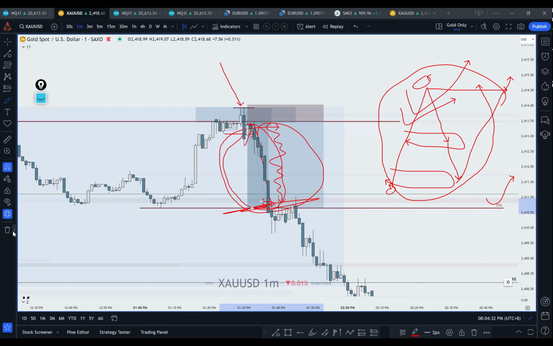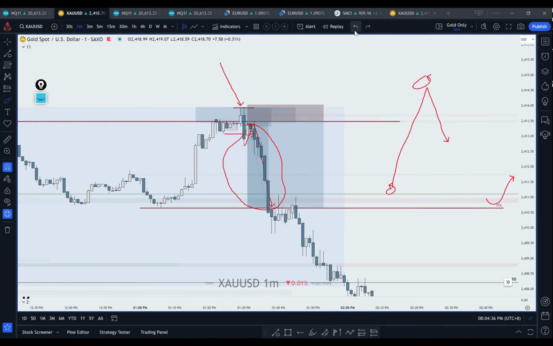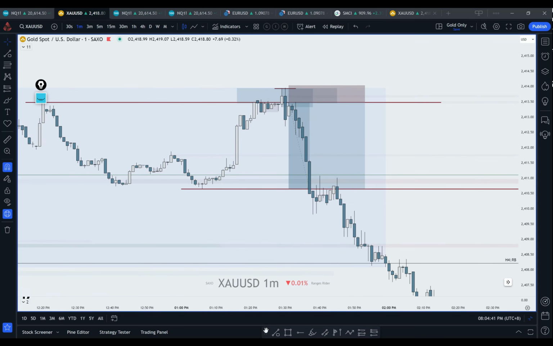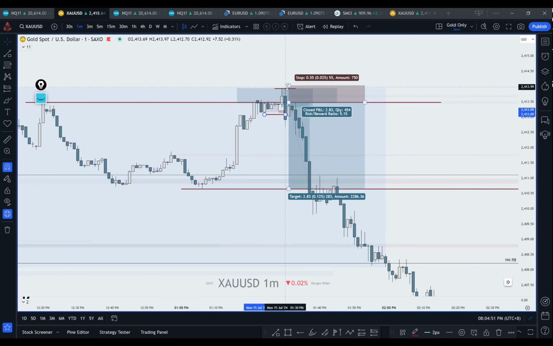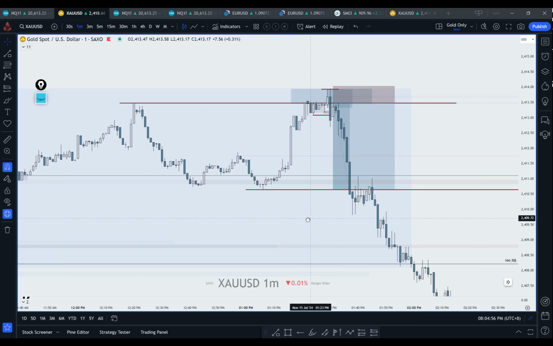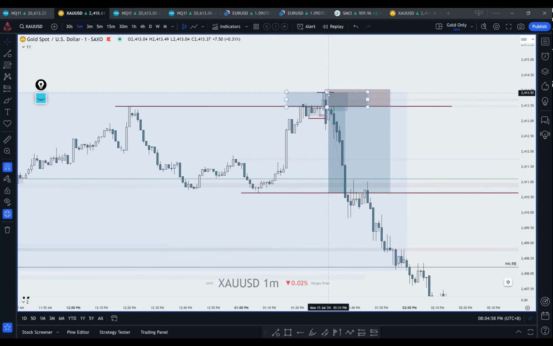So in this case, and only in this case, when you get the order pairing, then you can simply see, okay, I have the market structure shift, and then this is the order block. You can enter directly at the order block, with the stop above the order pairing. Why? Because now the price is very unlikely to go above into this area. It will be something like this.